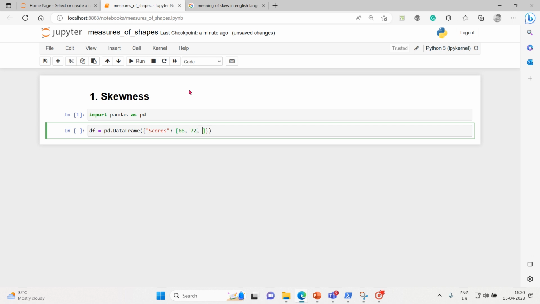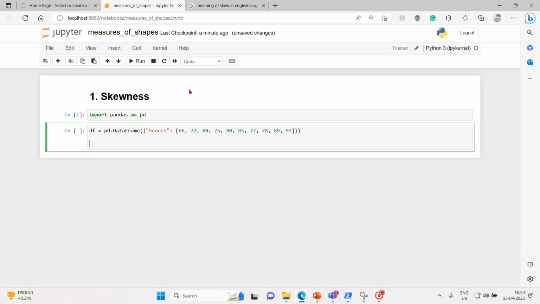72, 84, 75, 90, 85, 77, 78, 89. By looking at it, we can make out which side it is leaning in. That's okay. Let's calculate the skewness now.